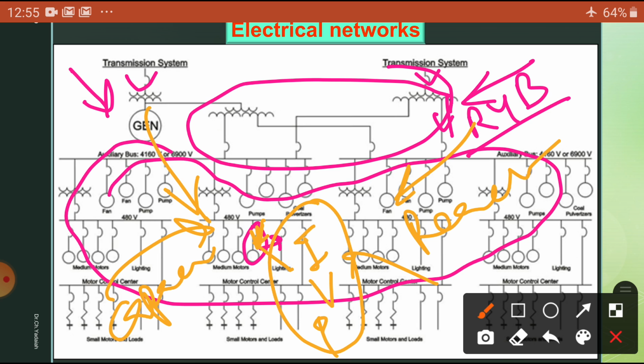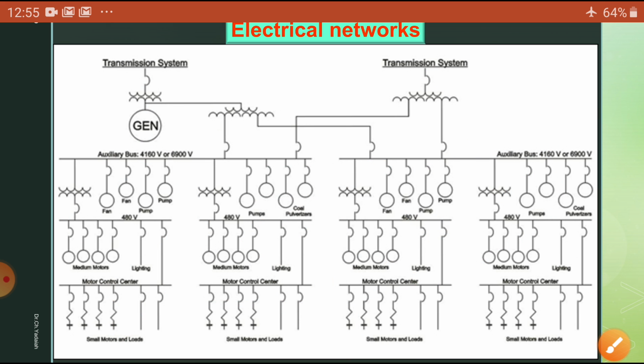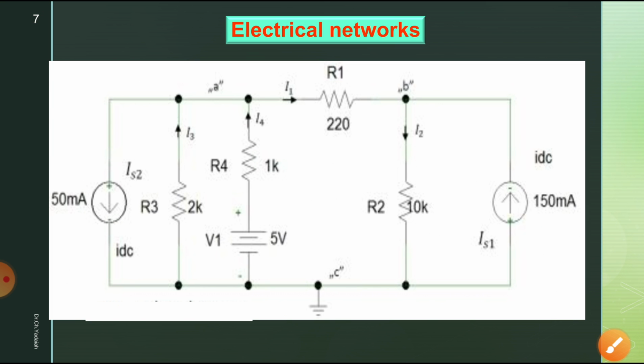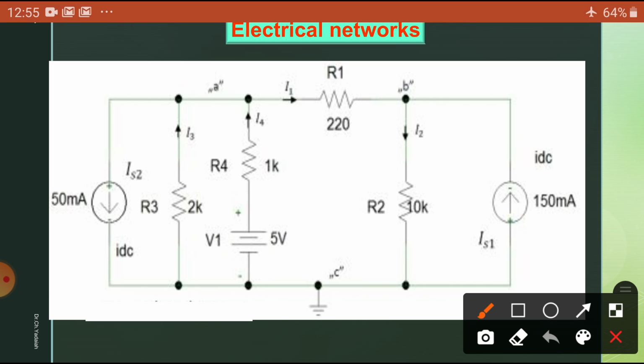Now let us take one simple network. This is an electrical network which consists of one current source, another current source in another direction, one parallel resistor, another parallel resistor, and one voltage source connected in series, with another resistance here.